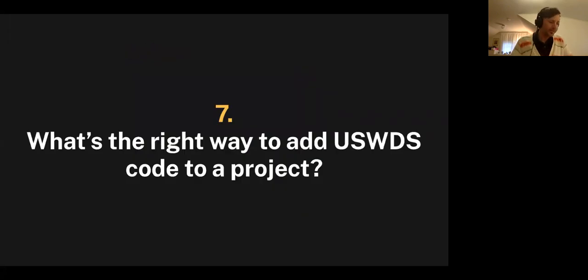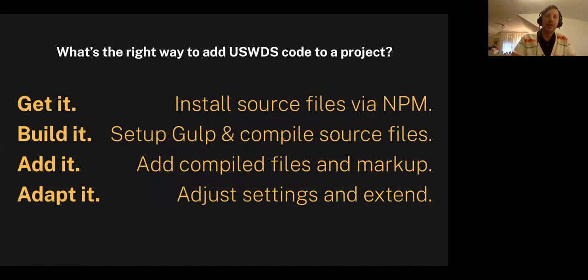Number 7, what's the right way to add code, USWDS code, to a project? So I think in general, when we're talking about adding code to a project, there are a few basic stages.